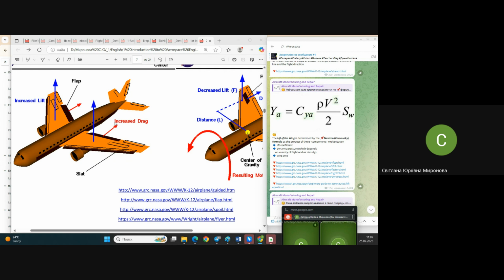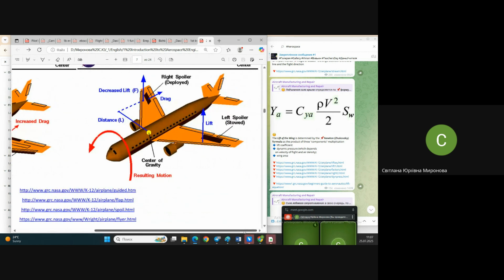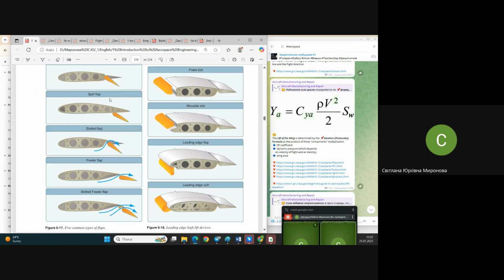So we have so-called interceptors or spoilers. Why are they called spoilers? Because really they spoil lift. We will see it right now. Now you see it already in a scheme. Here are these spoilers. Somehow they are similar to one type of flaps where not all the surface is moved, like this split flap.